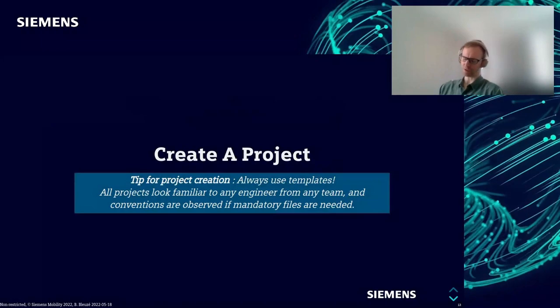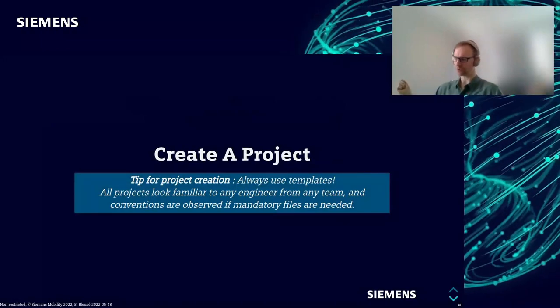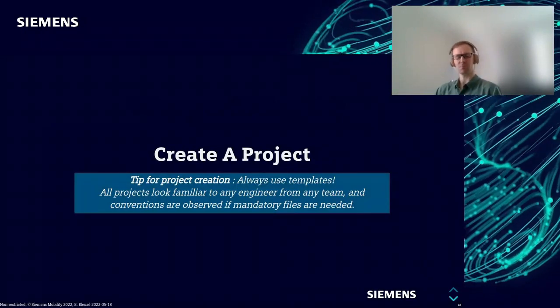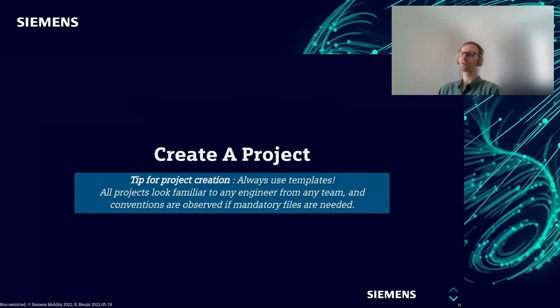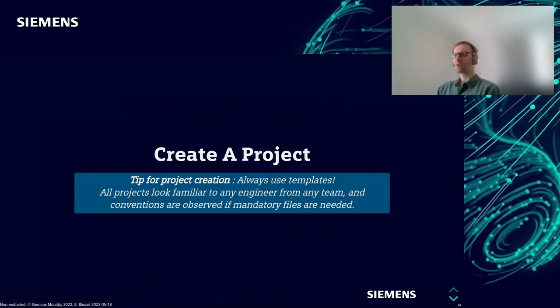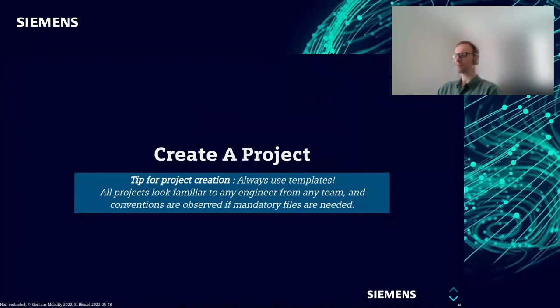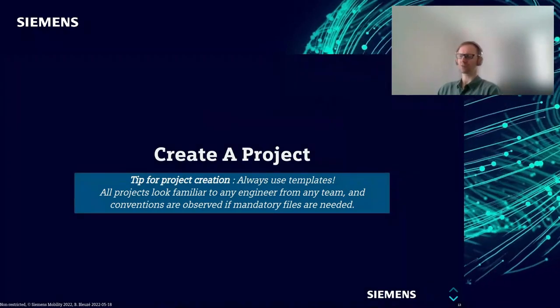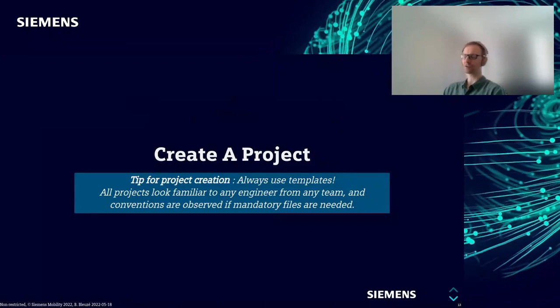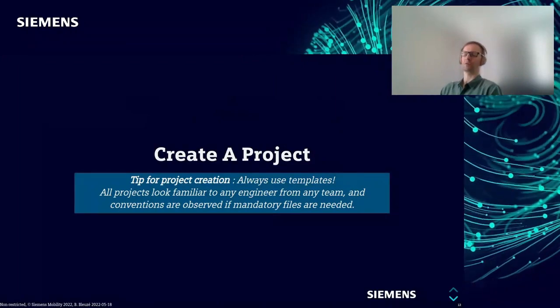So my first step here, when you start to work on this and add new projects: whenever you create a project, use templates. If all projects look the same, then if you jump from one project to the next, if you look at another package, you will feel at home, right?